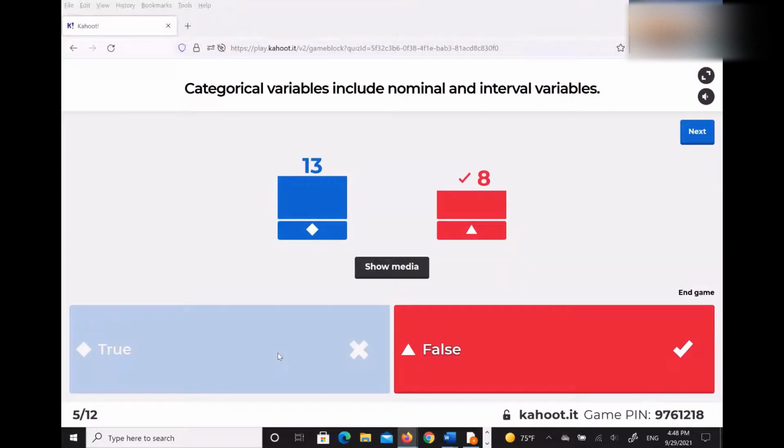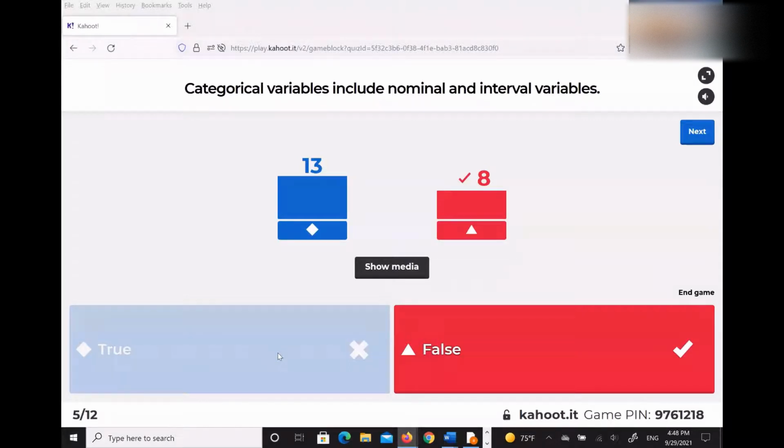It's false because categorical variables include nominal and what, everyone? Nominal and what, everyone? That we just did in the previous question. Nominal and ordinal, everyone. Nominal and ordinal belong to categorical data or variables.